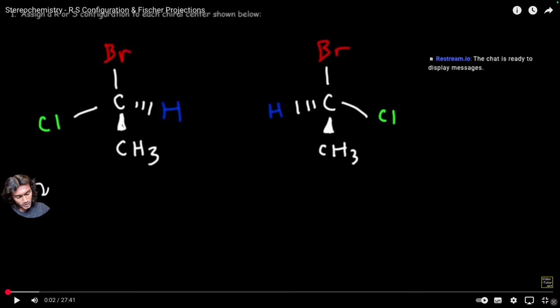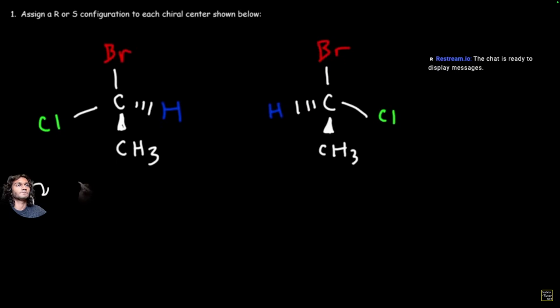And another where chlorine is attached, methyl is on the top, and hydrogen, bromine. We're going to talk about how to assign RS configuration to chiral centers, including Fischer projections, and a lot of other examples as well. So let's start with this one.